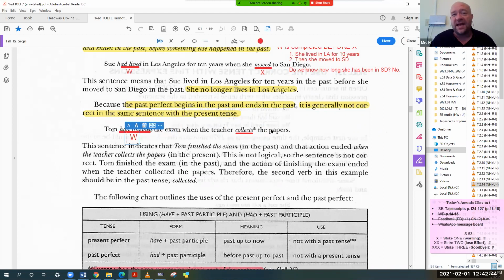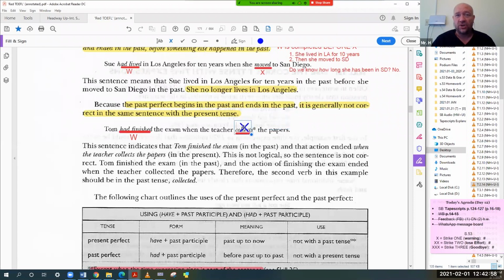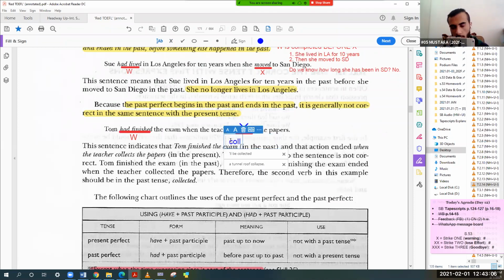Now there's a mistake. What is the mistake? The second verb should be in the past simple. Exactly. This one should be in the past. Not collects. Okay, it should be what, gentlemen? Collected.